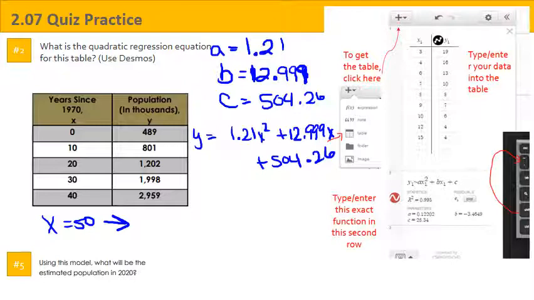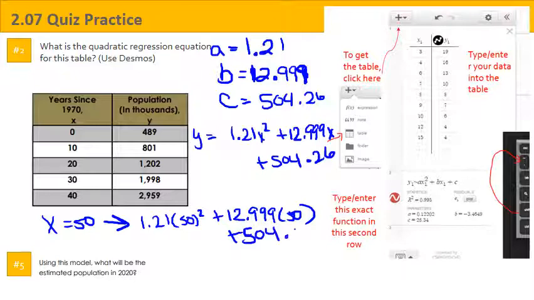So that means in your calculator, or you could actually type this into Desmos if you want, 1.21 times 50 squared plus 12.999 times 50 plus 504.26. All right, so let me get my calculator and type this in.